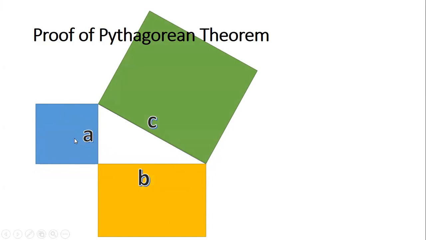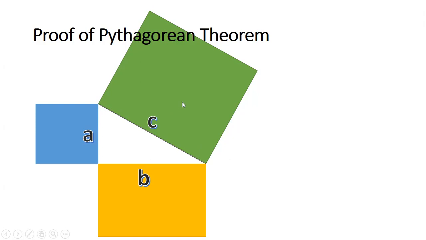So this A here is one side of the square. If you're going to get the area of this square, that's A squared, right? Same thing for B. If you're going to get the area of this square, that's B squared. Same thing for the largest square here, which is C. So the area of this largest square is C squared, based on the area formula for a square.